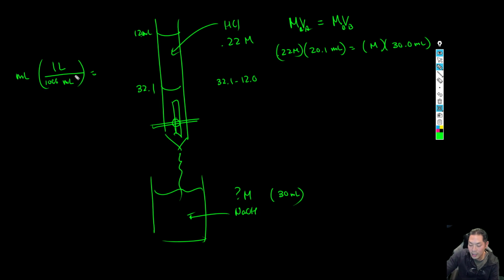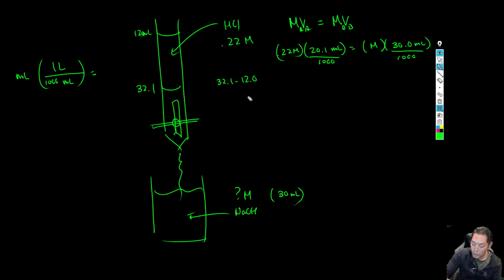In this case, you divide. So I'm dividing 1,000 from this. Now, if I divide 1,000 from both sides, it cancels out. So you could cheat on this one or be lazy and leave it as milliliters. As long as it's milliliters on both sides, you'll be okay. Now, if it's liters on one side, then you need to convert the other side to liters. But in this case, you get away with it.